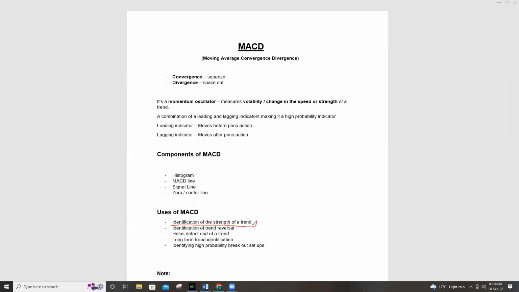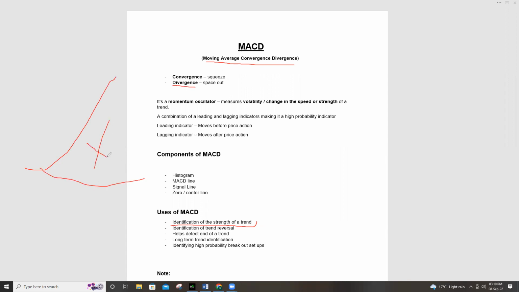One, if the MACD diverges, remember MACD is moving average convergence divergence. It's an indicator that shows how the MAs are converging and also diverging. So in the event that they diverge, divergence means spacing out. So one is there and the other one is here.